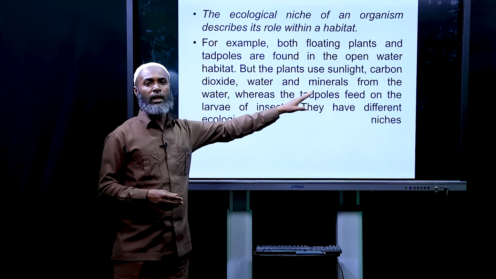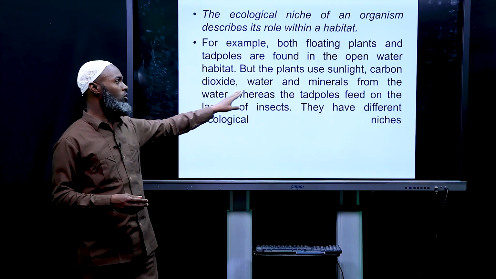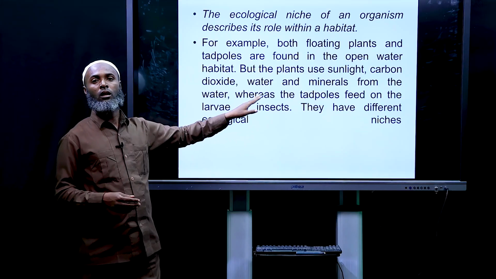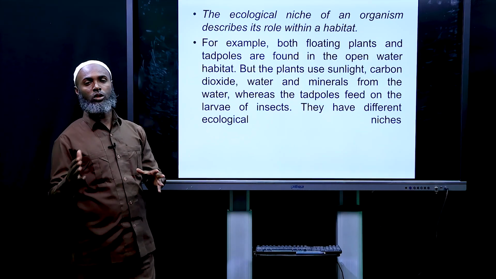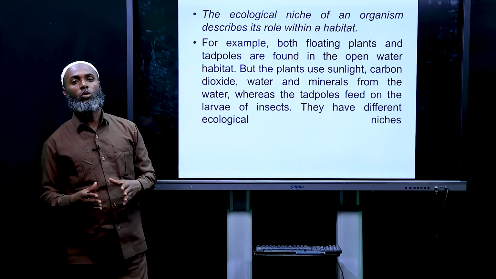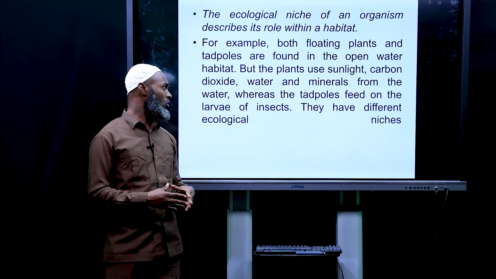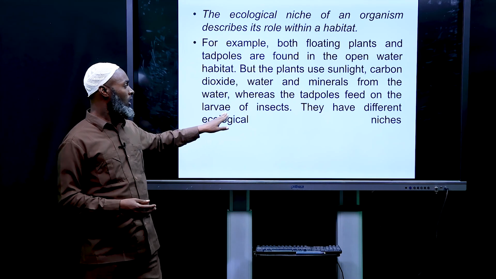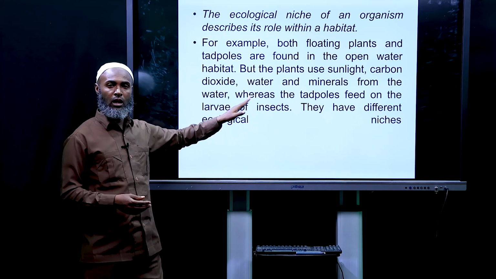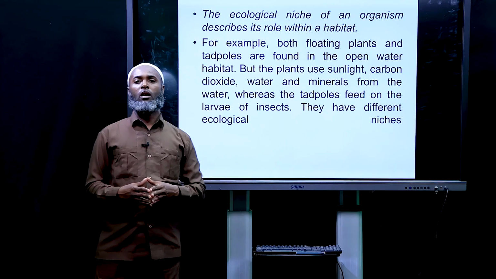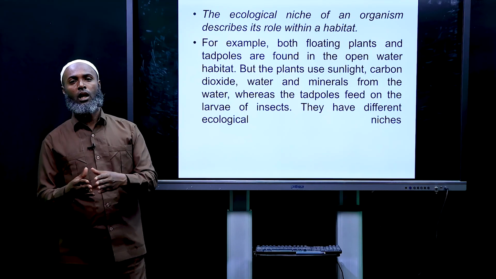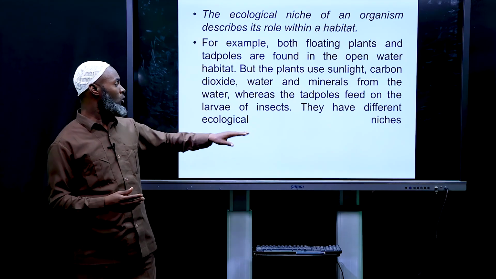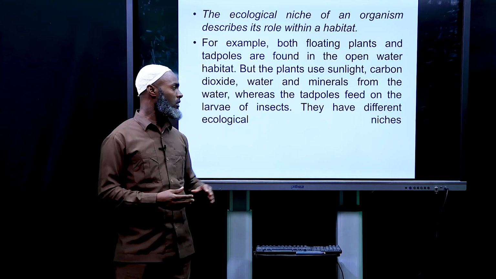Plants use sunlight, carbon dioxide, water, and minerals from the water so that they can undergo the process known as photosynthesis. Tadpoles are not participating in photosynthesis. Rather, they feed on larvae of insects.